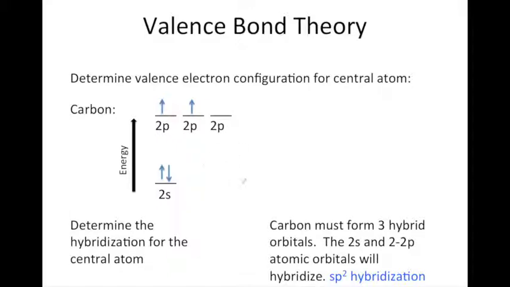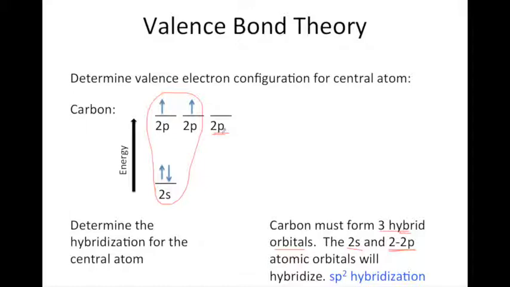For this molecule, we said that we needed 3 hybrid orbitals. So for 3 hybrid orbitals, we only need 3 atomic orbitals. So we're going to take the 2s and only 2 of the 2p orbitals. Now note, this 2p orbital here does not disappear.